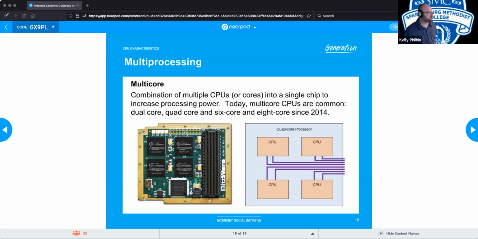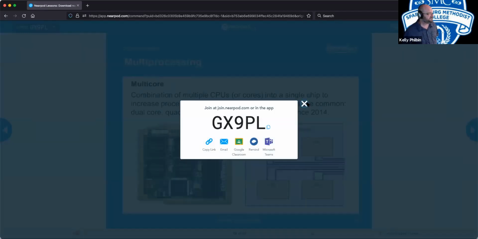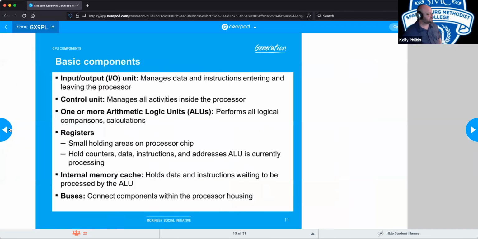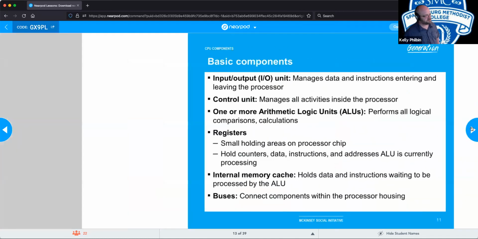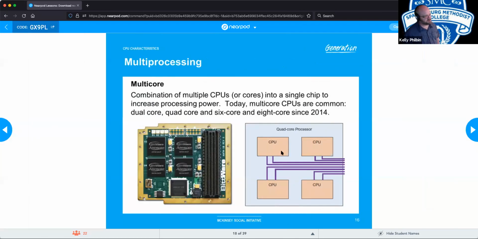If we look back to the previous slide, this is inside a single CPU. And then this is a processor, and this is an individual CPU. So that previous picture is all inside this one little box, and they have 4 of those inside of a quad core processor.